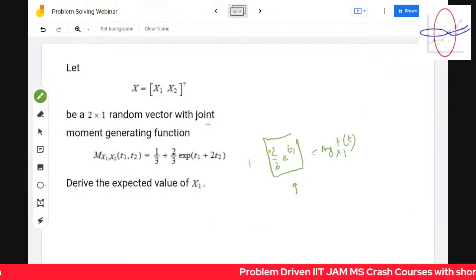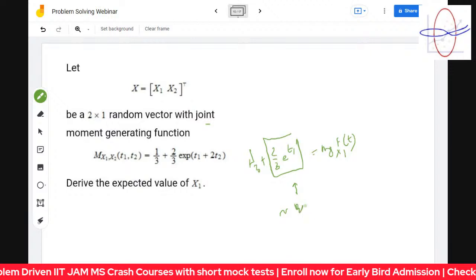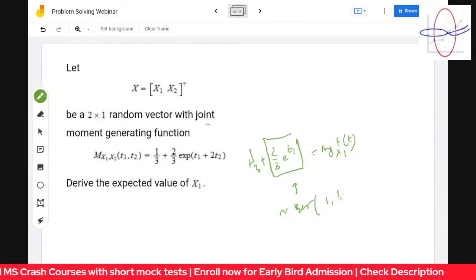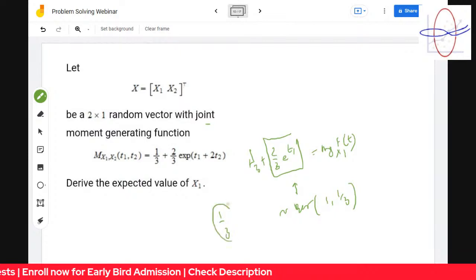Is it right now? Oh, plus 1 by 3. Yes. Okay, so now it looks like Bernoulli 1 comma 1/3. So expected value of x1 is 1/3. Okay.